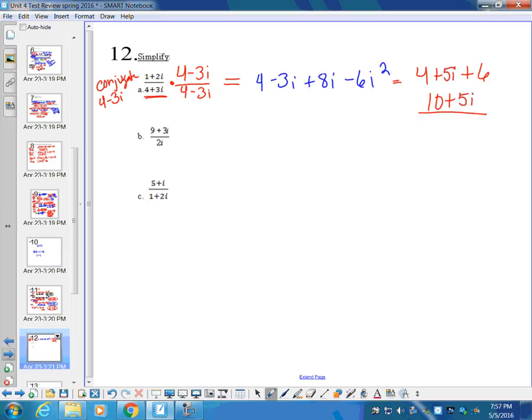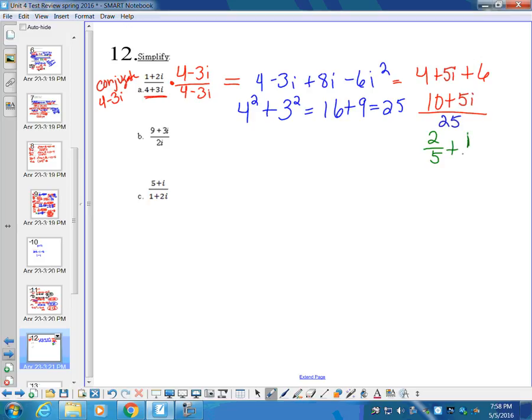Now, the bottom, we have a shortcut. Square the first number, 4 squared plus 3 squared. So you get 16 plus 9, which is 25. So 25 goes on the bottom. Now you got to simplify. 10 over 25 simplifies to 2 over 5 plus i over 5.